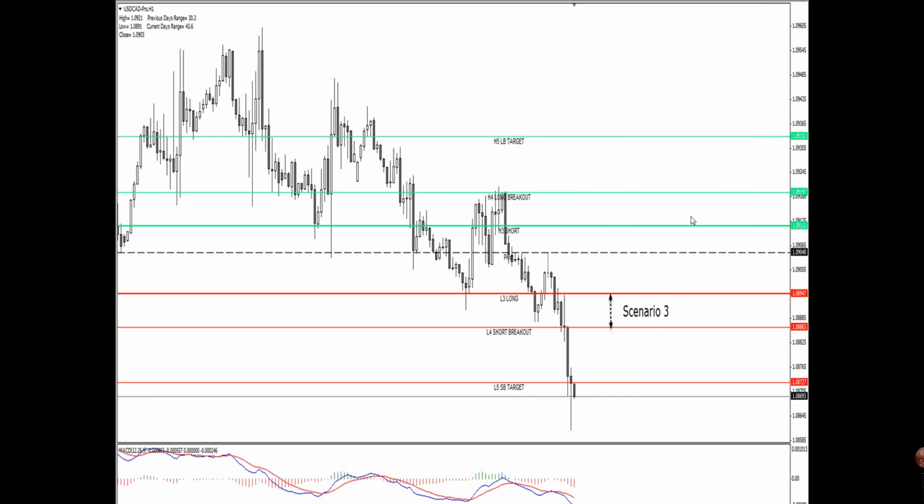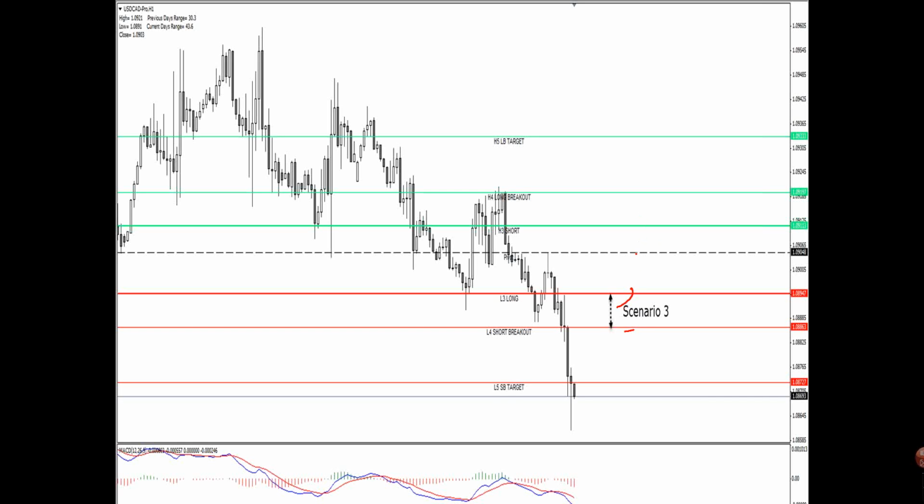Scenario 3. Price opens in between L3 and L4. For long trade, if the price opens up here and if it closes above L4, you should buy. Stop loss is just below the level.